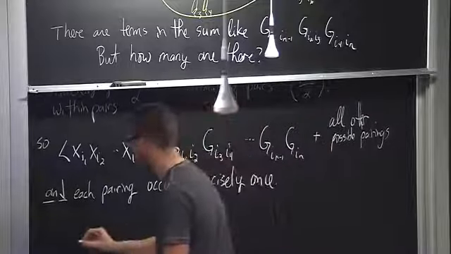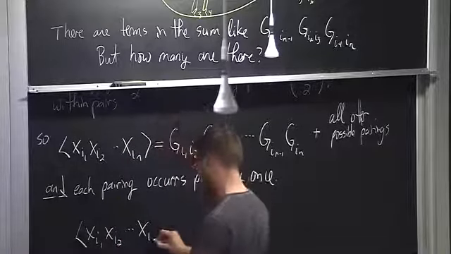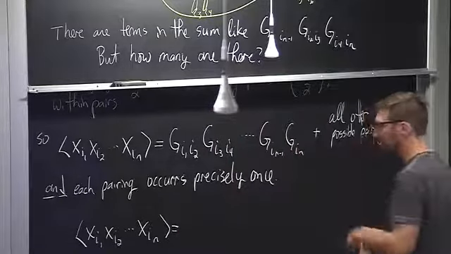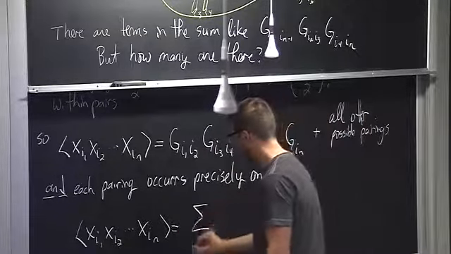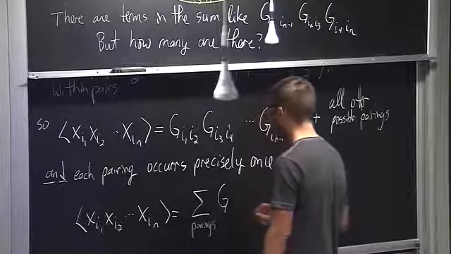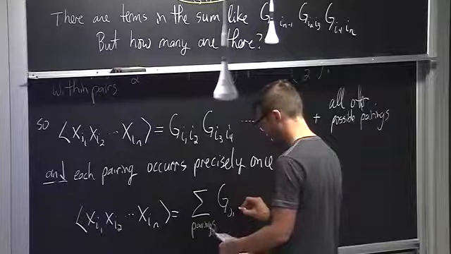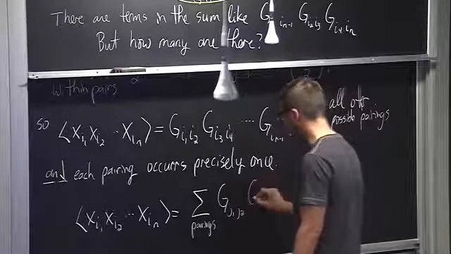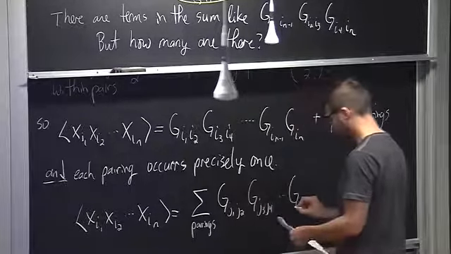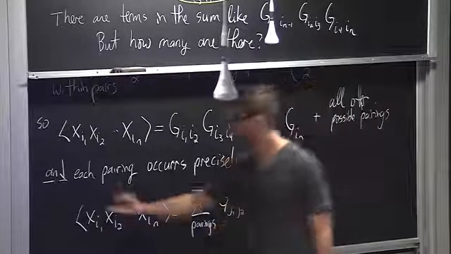So maybe I'll just say sum of pairings. I should have different indices on these pairings. So it's like the sum of all possible ways of arranging J's. Whatever.